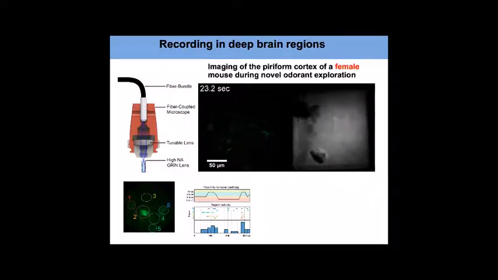So this was imaging with our microscope, actually going through an implanted GRIN lens in the mouse to the piriform cortex. The mouse is able to move freely about the cage. And we see this correlation between when it gets close to some novel bedding and activity in piriform cortex.